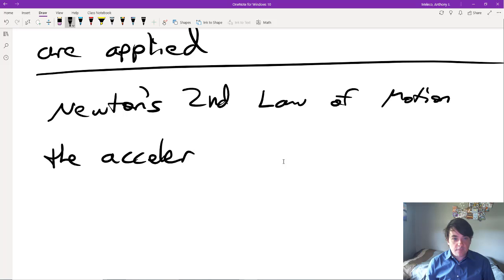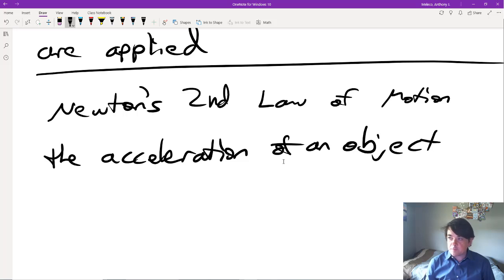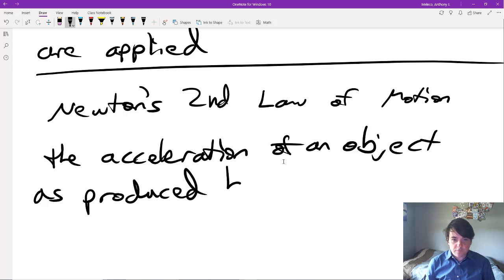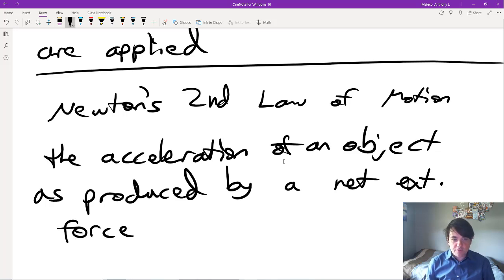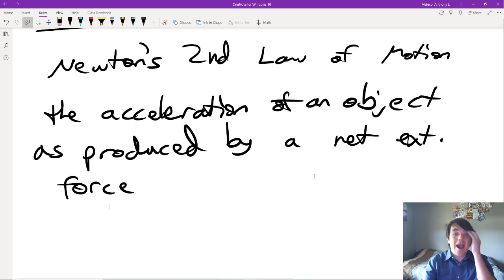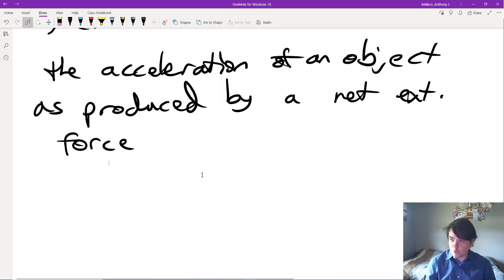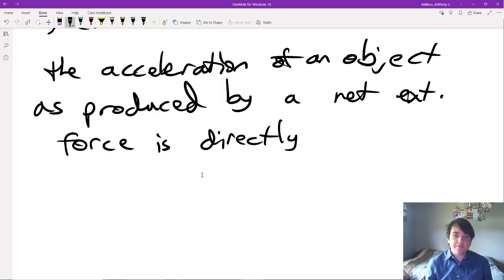So the acceleration of an object as produced by a net external force. So now the second law is discussing what happens when you have a net external force, okay? In other words, it's not zero or does not sum to zero.